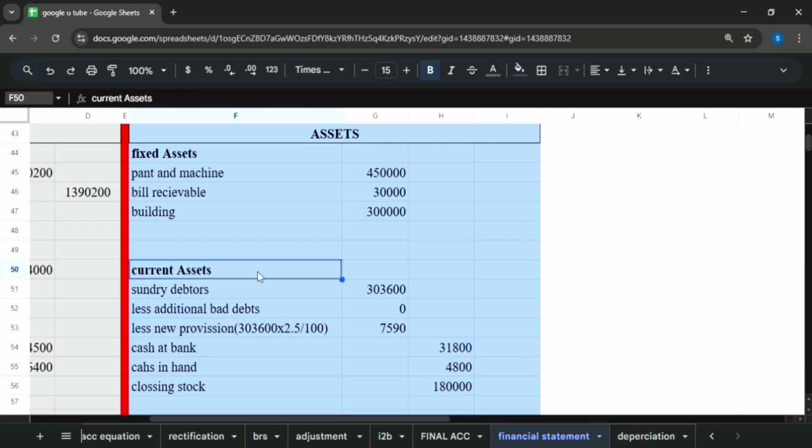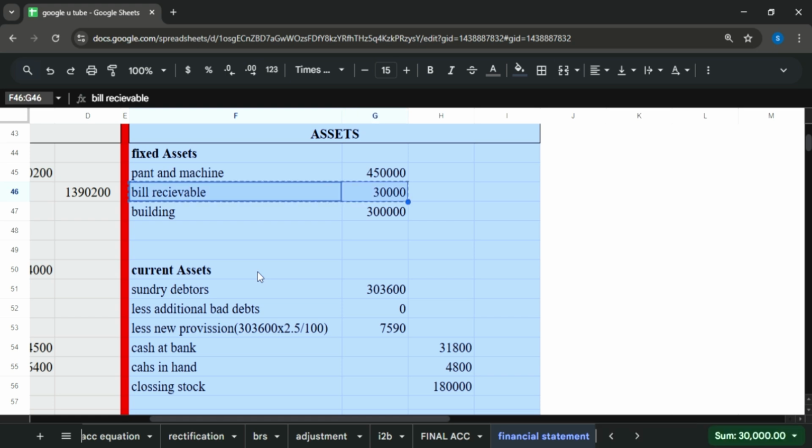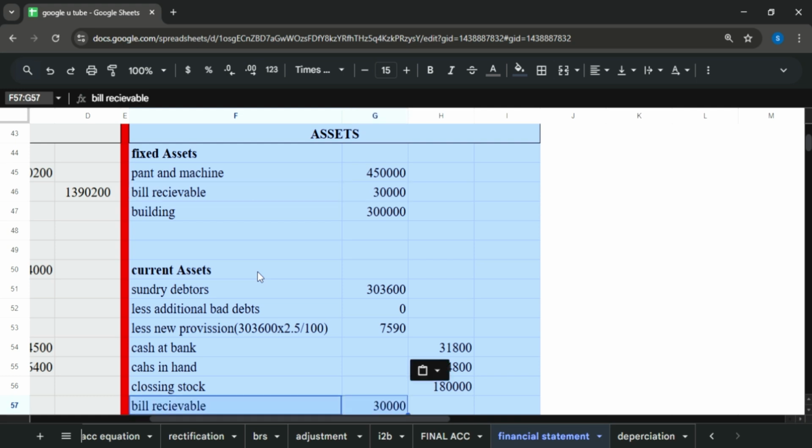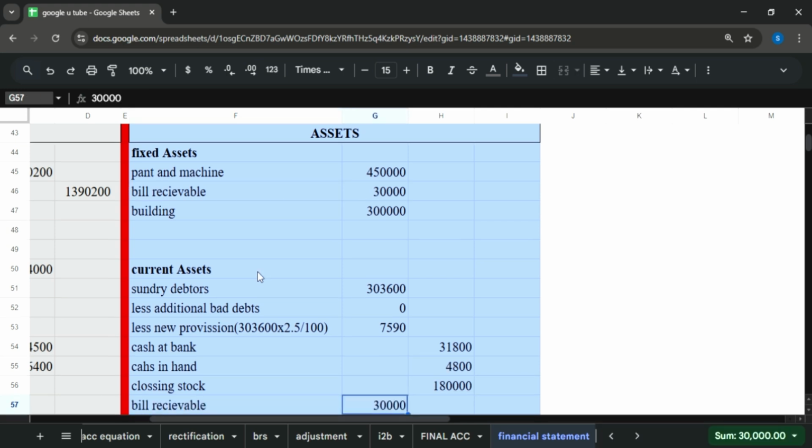Let's take once again, this amount of bill receivable is part of current asset, 30,000, and we do not need to write it over here.